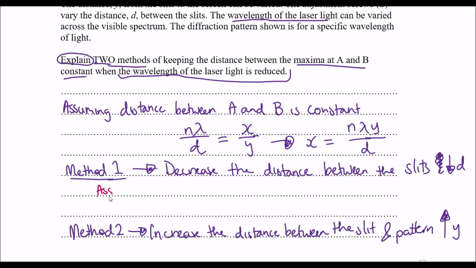The assumption is x is constant, and we already know that lambda decreases, then we can see that x is inversely proportional to d. So by decreasing d, I will increase x. So hence an increase in x comes from a decrease in d.